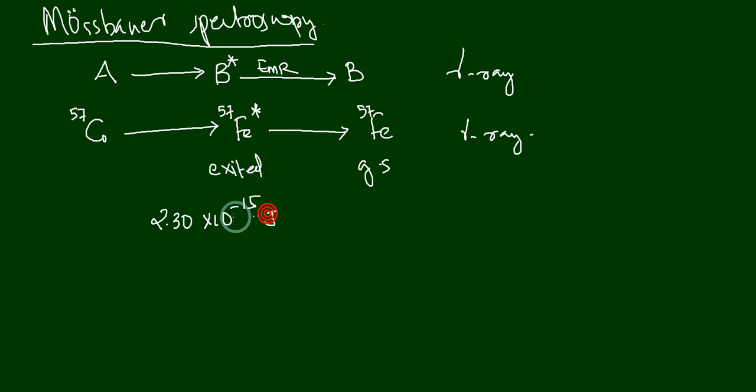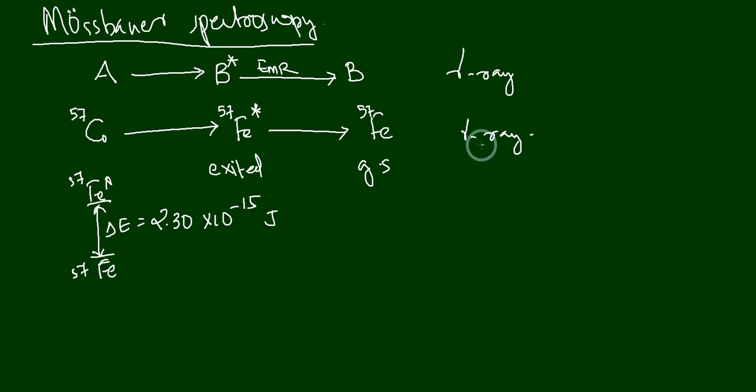Delta E is equal to 2.30 into 10 raised to minus 15 joules.